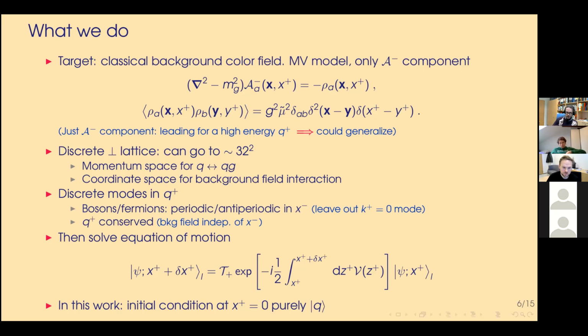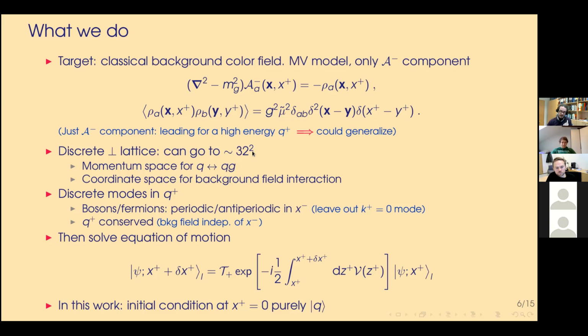If you have high energy particles, basically the current should be proportional to the momentum of the particles. So for a system of very light particles going with high velocity, close to the speed of light, their color current should have one big component, which is the plus component.